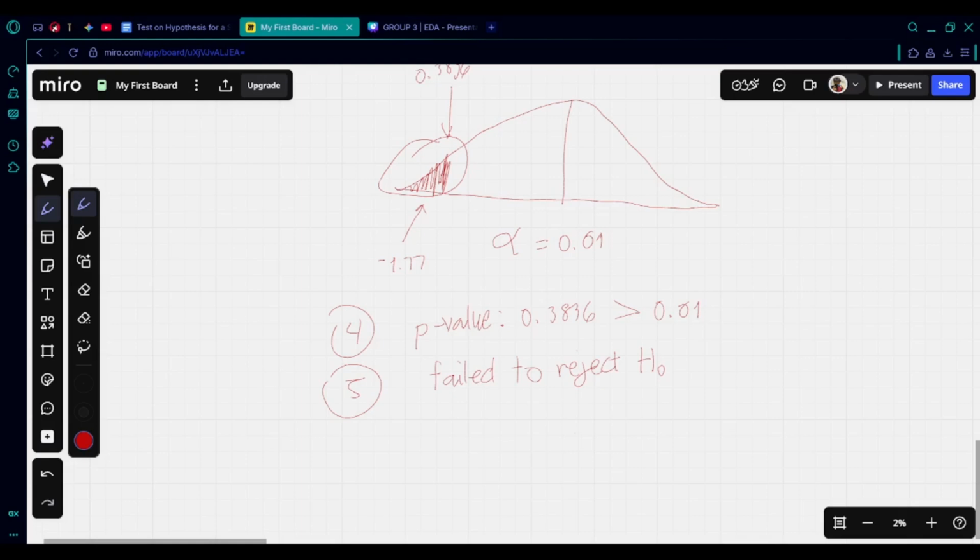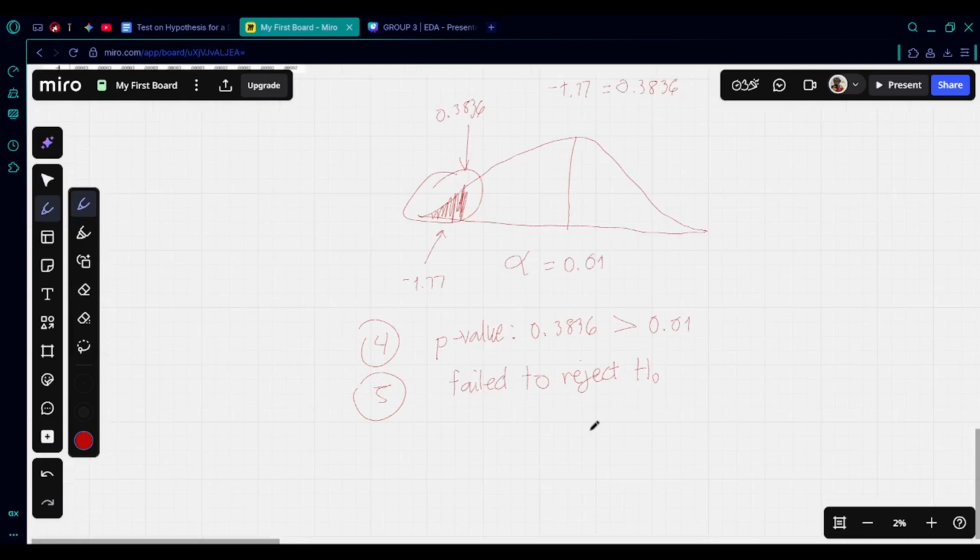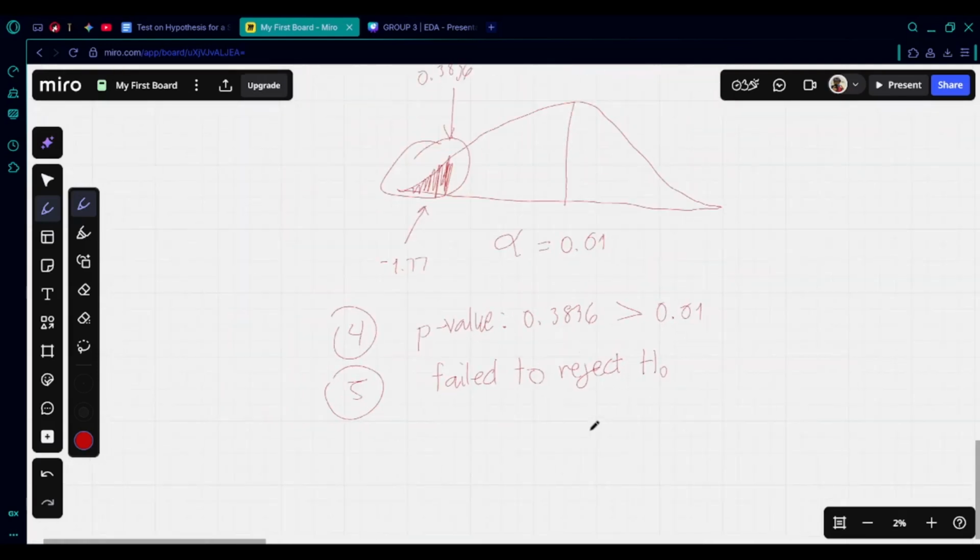At 1% significance level, there is not enough evidence to support the consumer testing agency's belief that the true average lifespan of the LED bulbs is less than 15,000 hours. So that is our step 6 in testing the hypothesis using the significance approach or the P value approach.